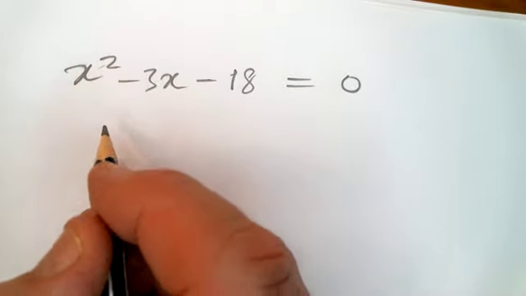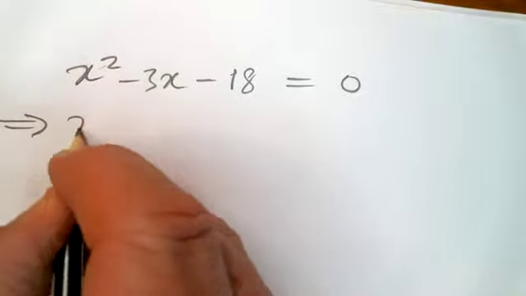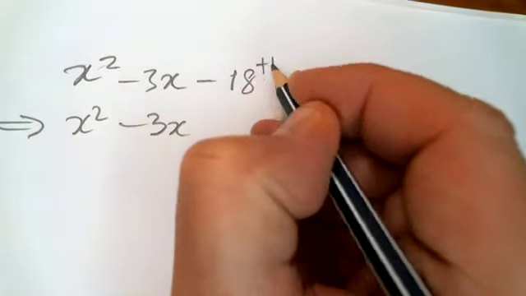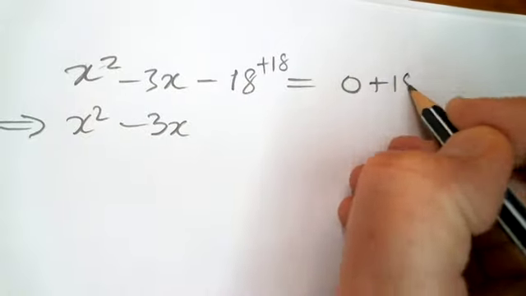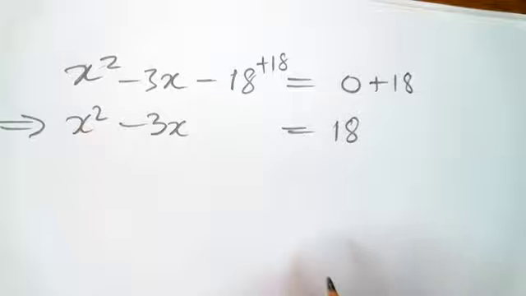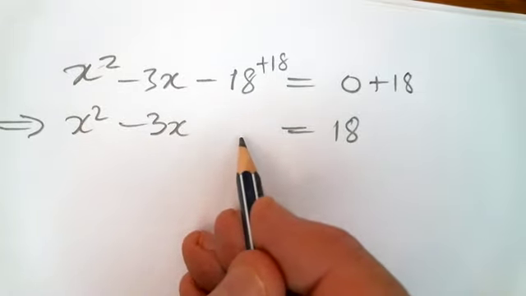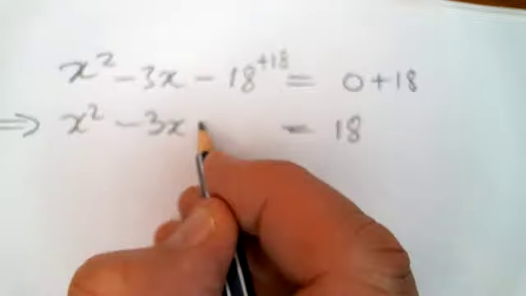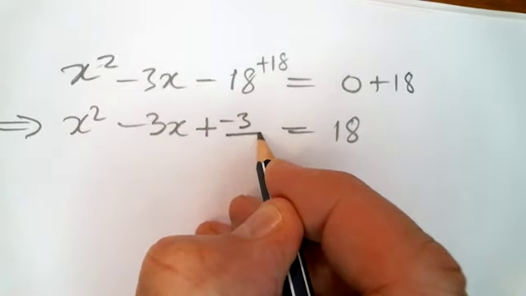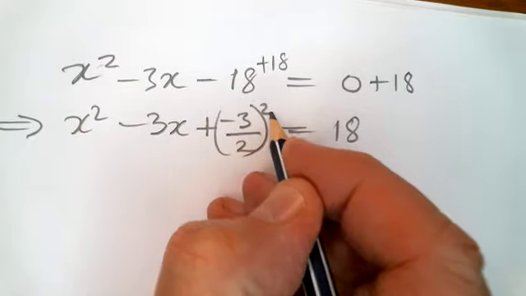So now I'm going to say that implies x squared minus 3x. I'm now going to add 18 to both sides. Here it is, plus 18. There it is, 18. And now I've got a space here, and in that space, I'm going to take the b term, which is negative 3. So I'm going to add negative 3 over 2, squared.